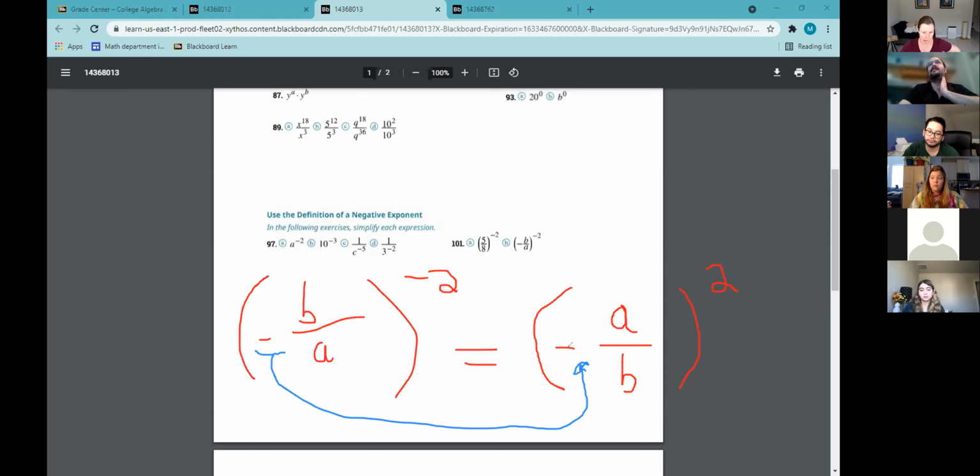But if we flip it, doesn't it get rid of the negative? It does not. What gets rid of the negative is actually the squared. So it's kind of like I have a -1 here, maybe. I don't know. It's kind of weird.